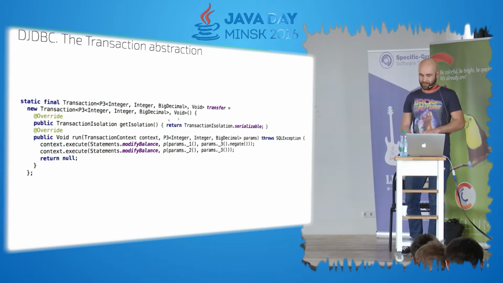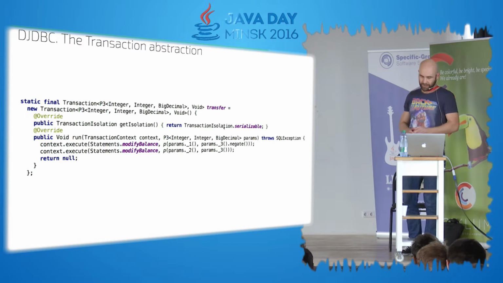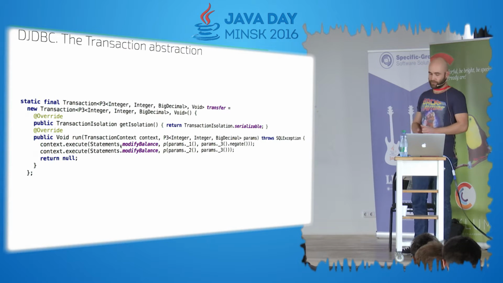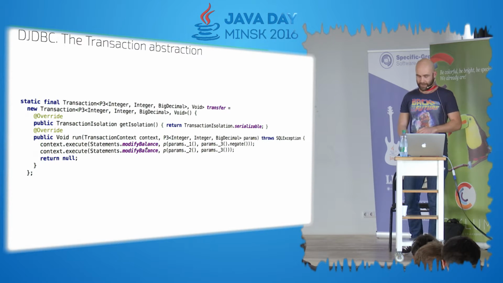With the first method, we specify that this transaction requires the serializable isolation level. This is quite simple. And with the second method, we specify which statements to execute, those statements that we've declared before. And you can see this modify balance statement being reused. We simply refer to this value here and pass the parameters in those product types.